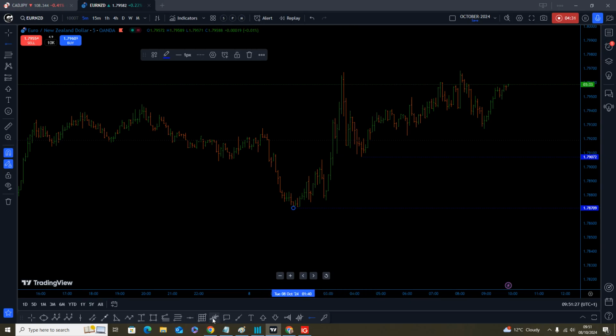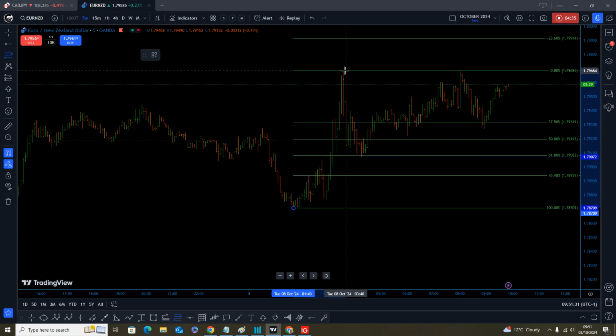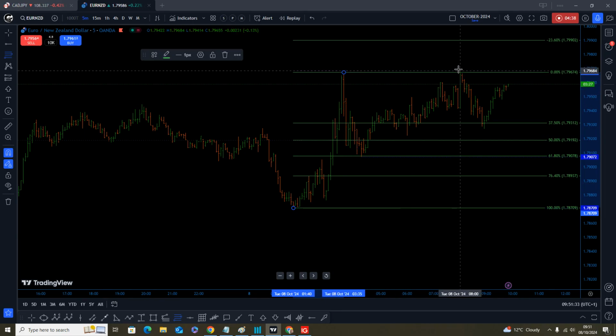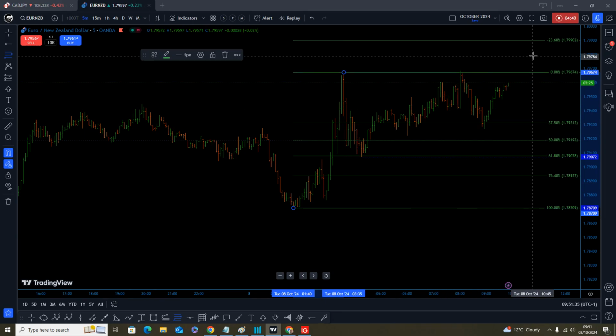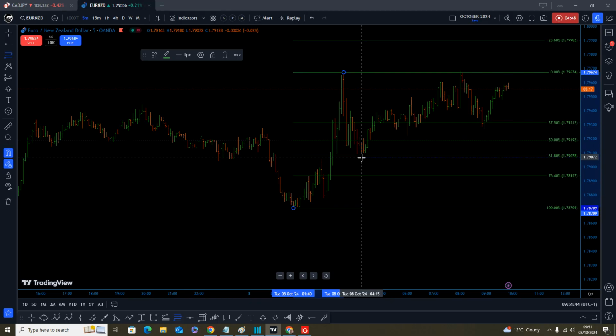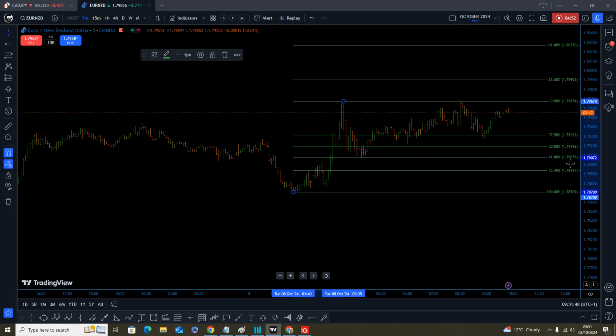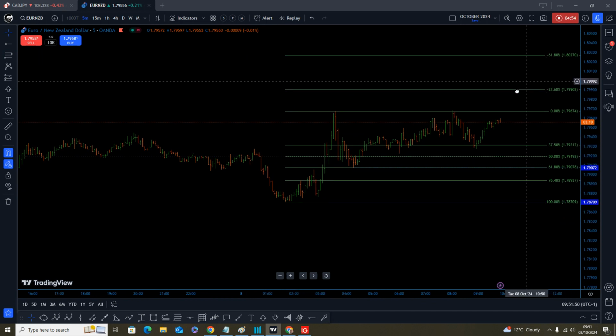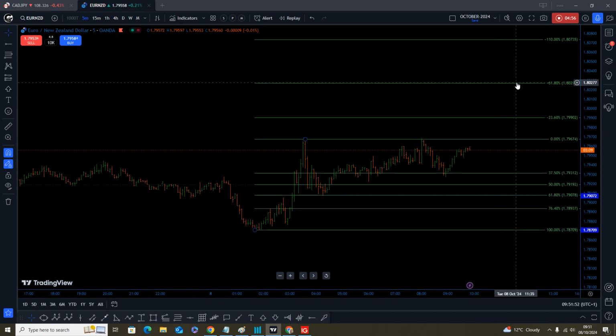I like to draw the Fibonacci, and we will draw from low to high. You can already see it's breaking higher. As you see, we have a structure here. Anyone taking this trade, the first stop loss is here, 1.79072, and the second one is here, and we are looking to target the minus 23.6 and also the second target of 1.8027.